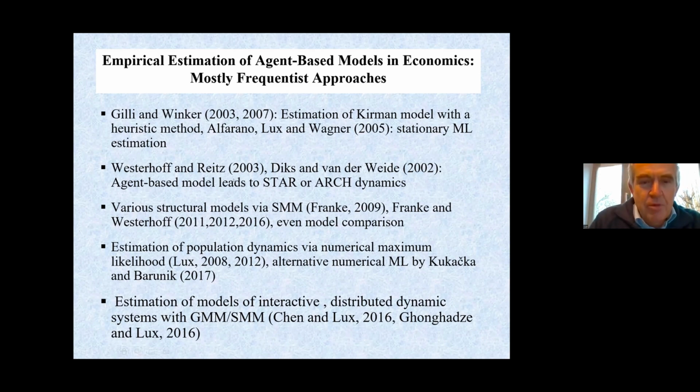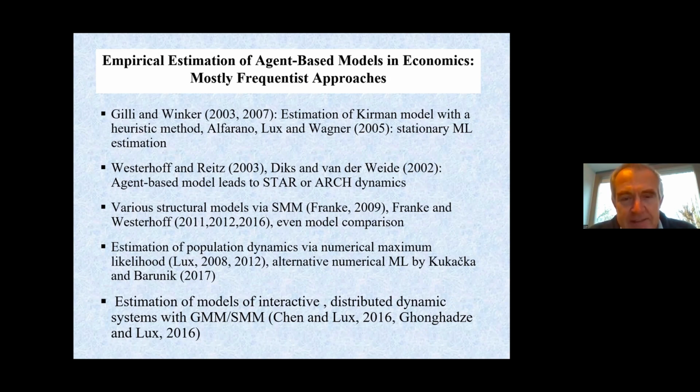For example, a number of papers construct agent-based models that are similar to certain well-known statistical models in their formal structure, like STAR models or ARCH models. And then, of course, you can apply the methodology of these models that has been developed in econometrics.